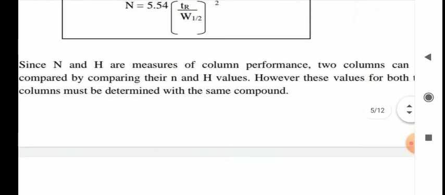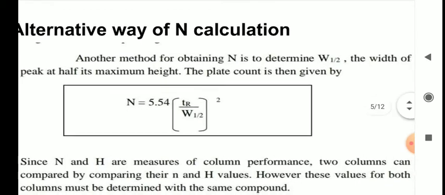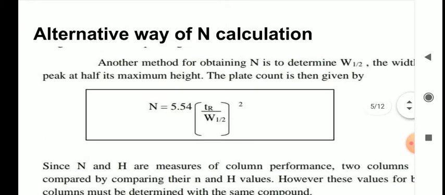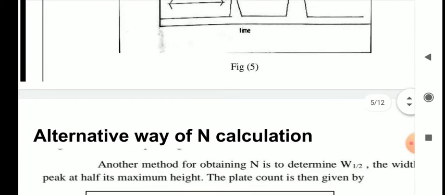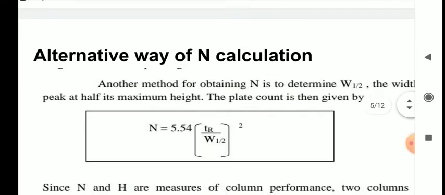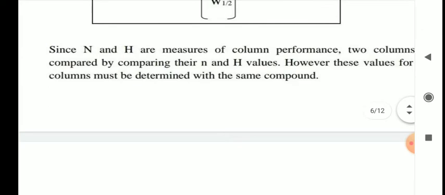At half height, whatever is the width, that is W half or W 0.5, and that is used in the formula which is shown here, right? So this is your way of calculating the plate number. Plate number calculation is essential because the efficiency is dependent on the plate number. Higher the plate number, higher will be the efficiency of the column.